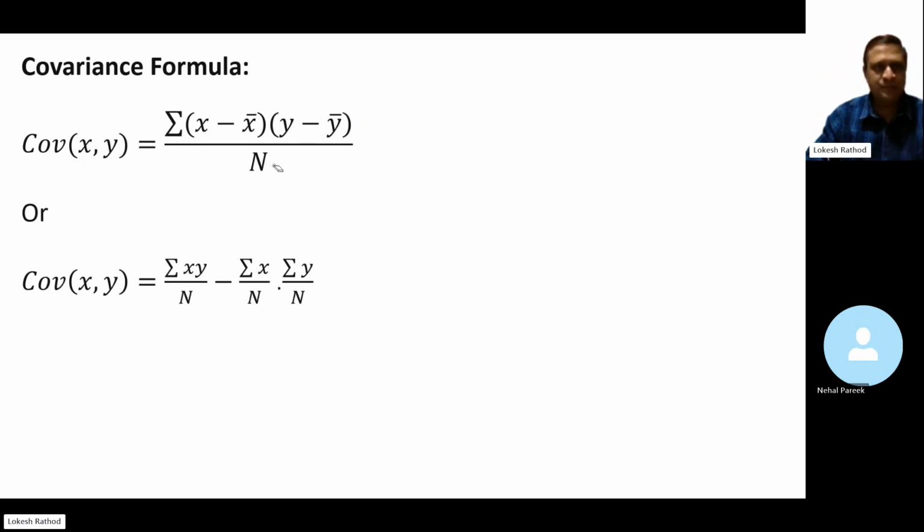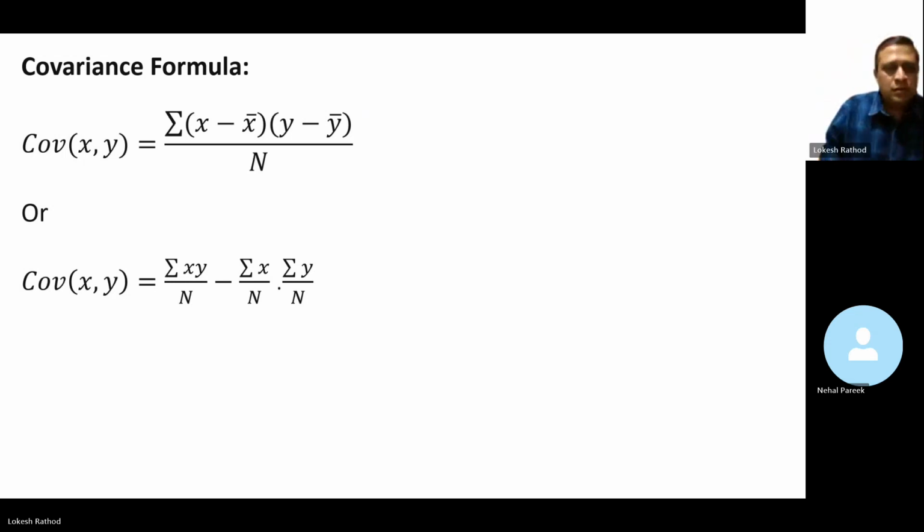n is the number of observations. Another formula, if you distribute it and do some algebraic operation, what you get is sigma xy over n minus (sigma x over n)(sigma y over n). Note this down: covariance of xy is sigma (x minus x bar)(y minus y bar) over n, and sigma xy over n minus sigma x over n times sigma y over n.